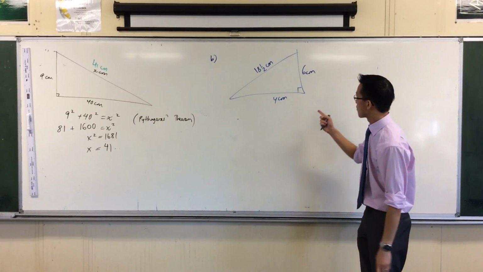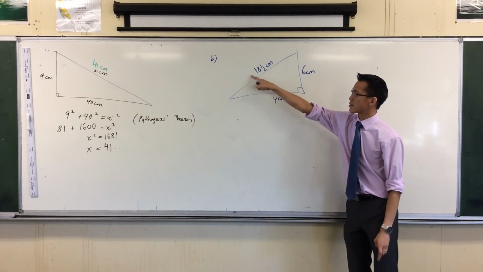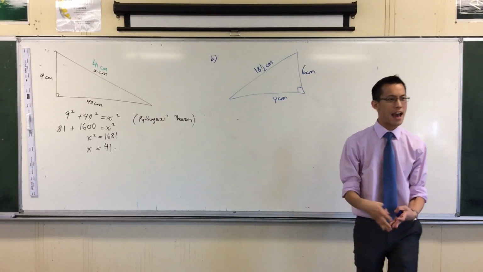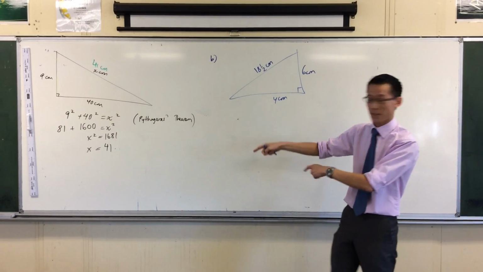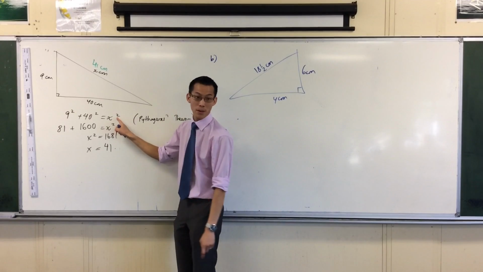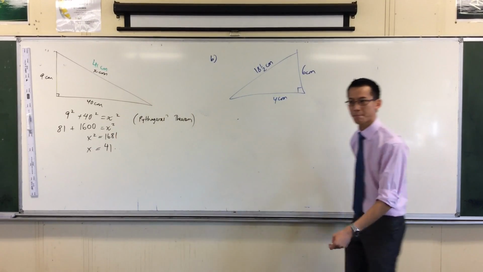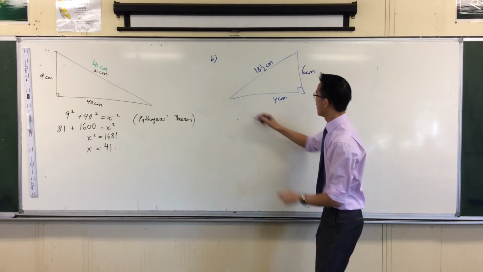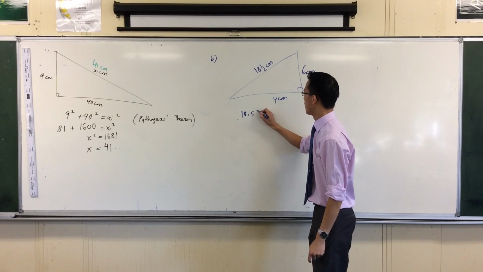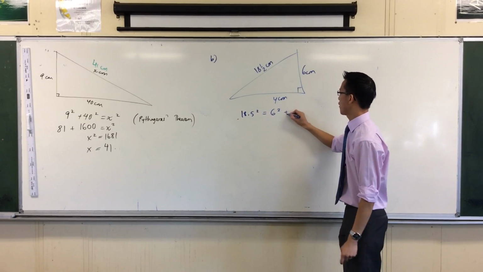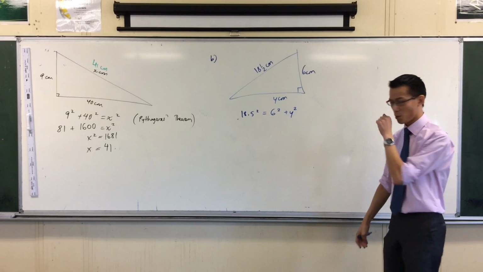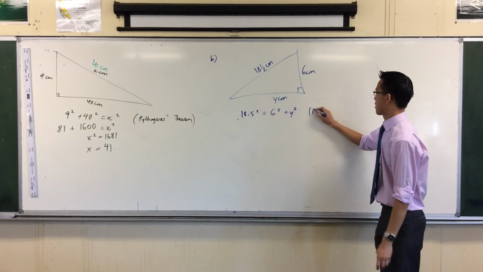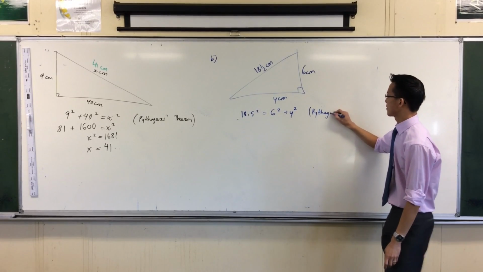This time, you've got this different kind of arrangement because I'm not trying to find the hypotenuse anymore, am I? Right? So my first equation is going to be a little bit different. The thing you're trying to find isn't always there on its own. So what should I write instead? 18.5 squared equals 6 squared plus y squared. Okay, fantastic. Great. So I can see the same relationship there. And I've got the same reason for it. Pythagoras' theorem.